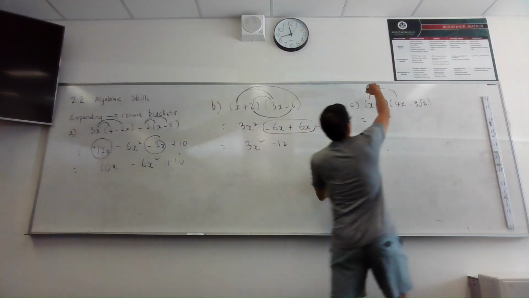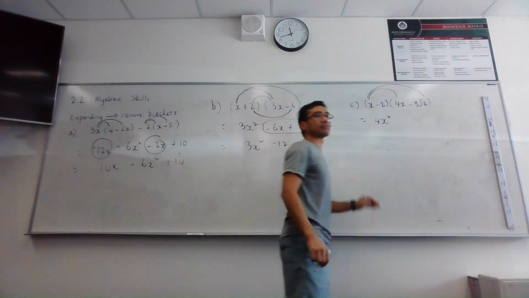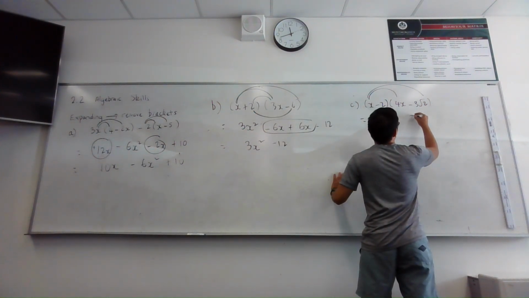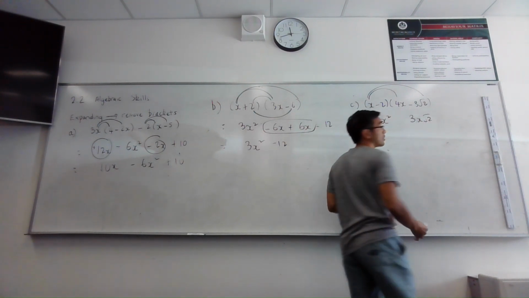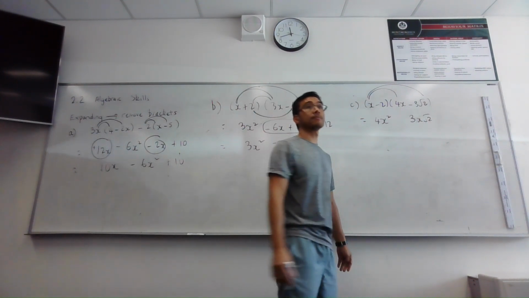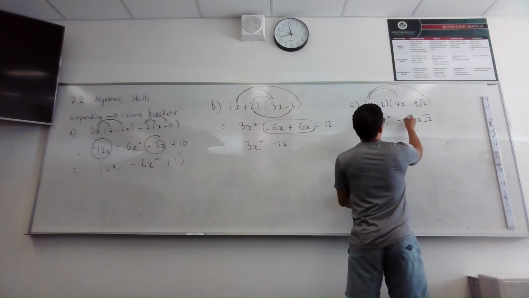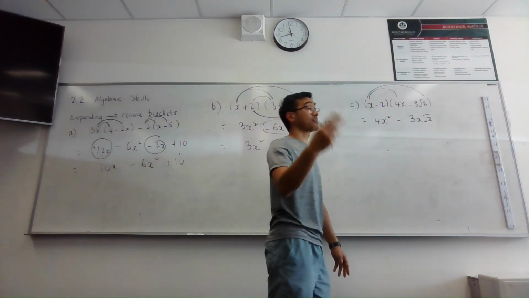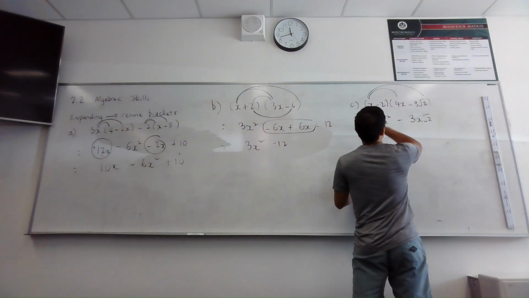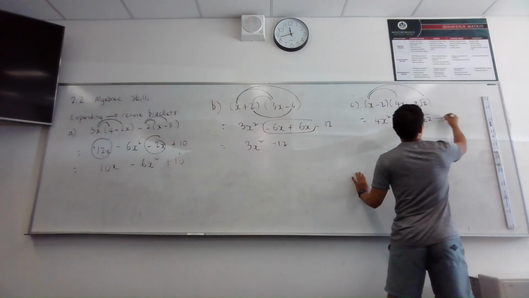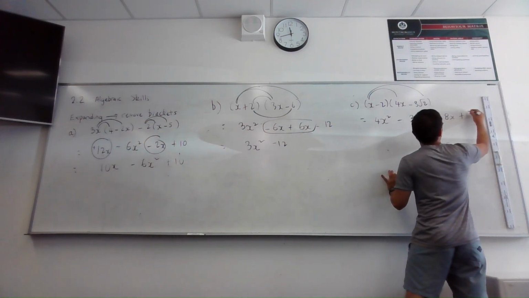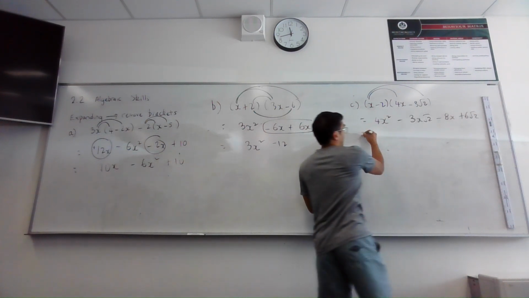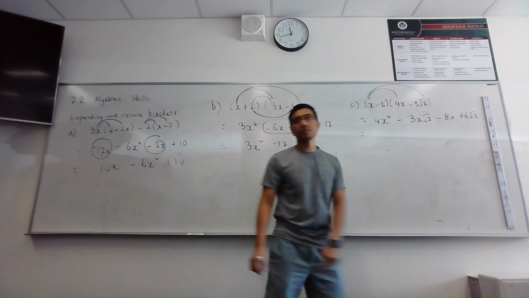The two outside? 3x, and you can put a root 2 there. Positive or negative? Negative. Okay. The two next terms, Tim? Negative 8x. And the last one? Good. Thank you.